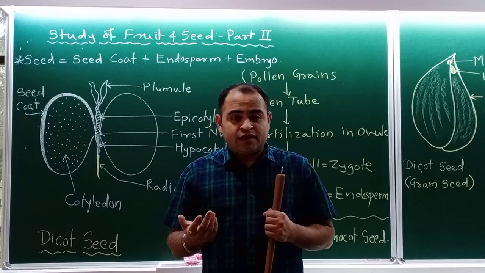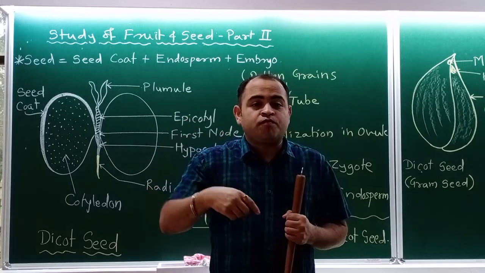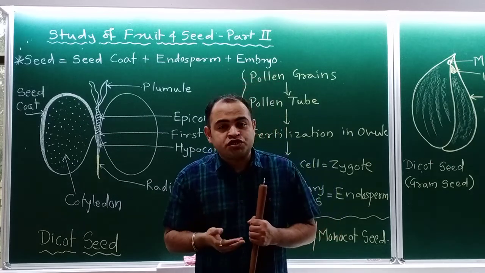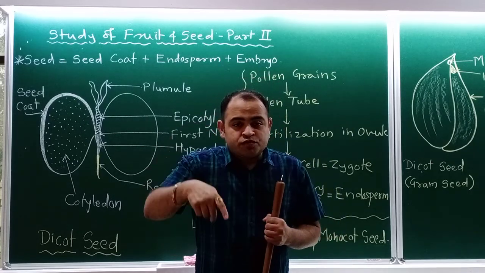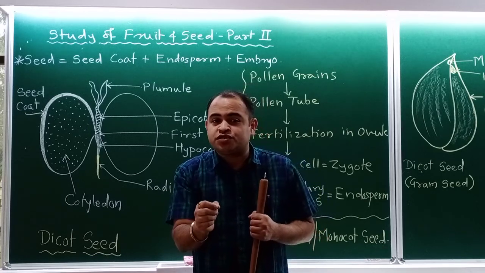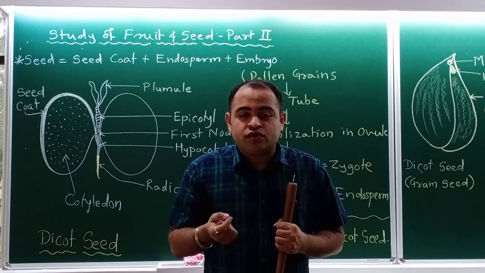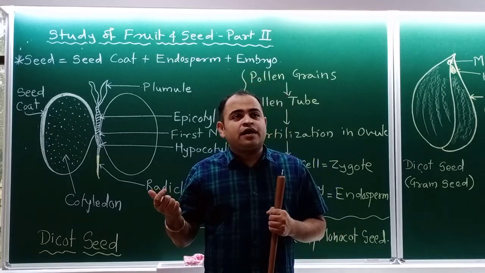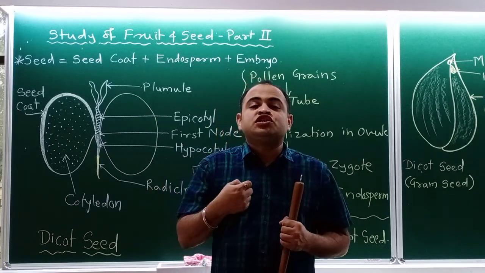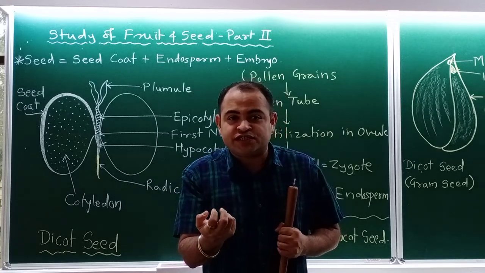When a pollen grain falls on the stigma, it forms a pollen tube, and after forming, the pollen tube reaches the egg cell, which is the site of fertilization. After fertilization it forms an embryo. Simultaneously, the embryo needs some nourishment, some food, some additional nutrient elements.